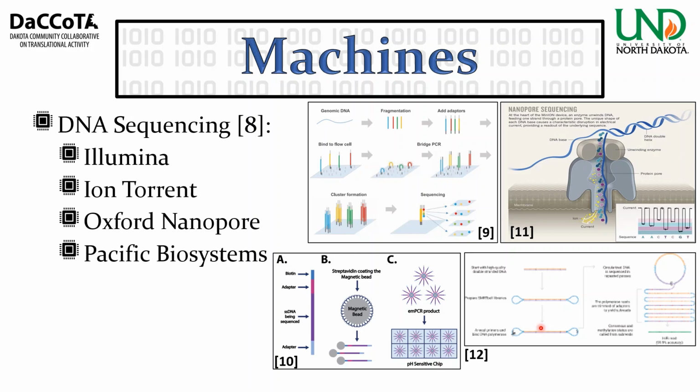However, as technology gets better, the cost is coming down and the accuracy is going up. So long read technology is certainly going to become more and more important as time progresses.